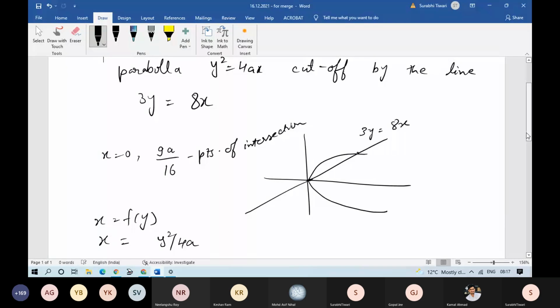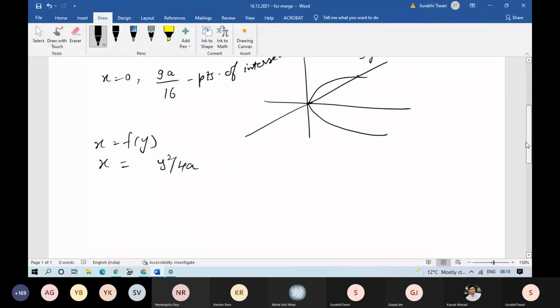So find out the arc length by this. Find dx by dy quickly.